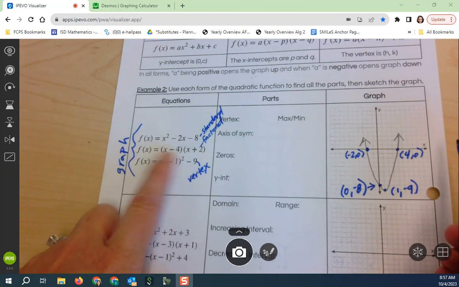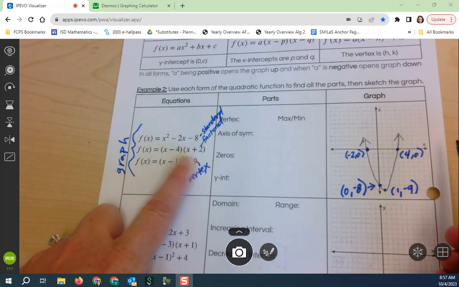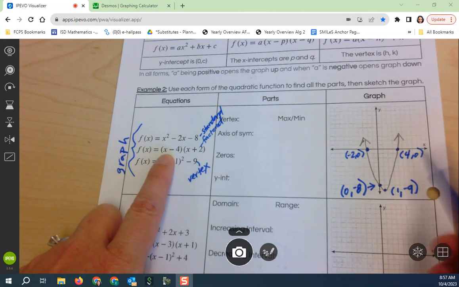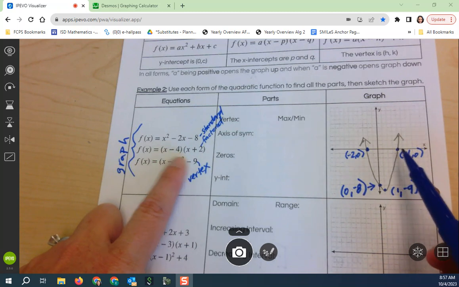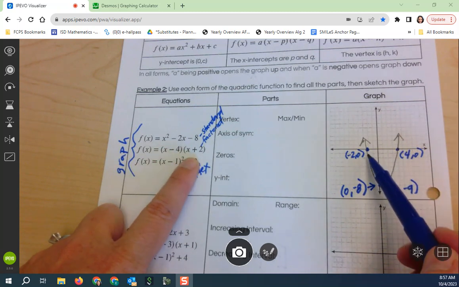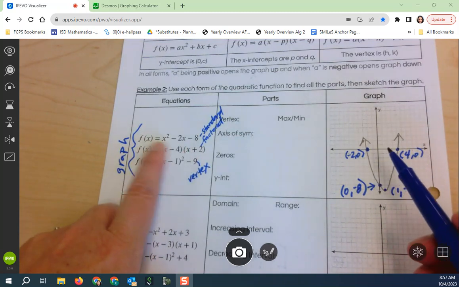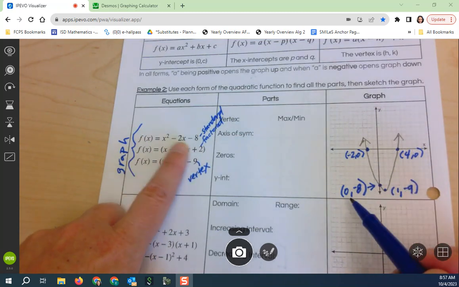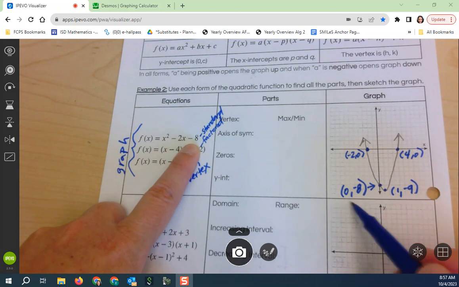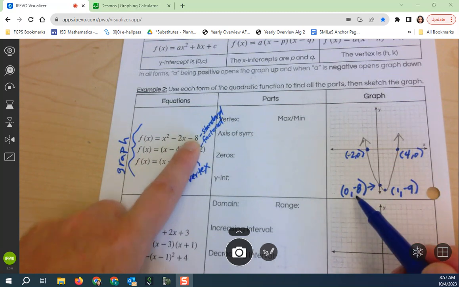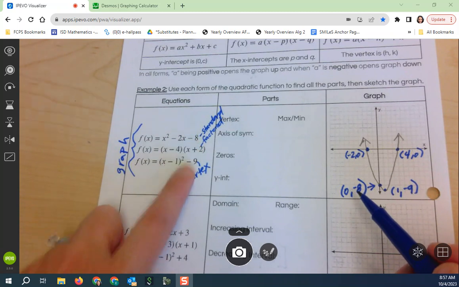If you are given factored form, remember that the solutions would be the opposites of these. So x minus 4 gives me a solution of 4, and x plus 2 gives me a solution of negative 2. It's the same as the x-intercepts. The standard form doesn't give you a lot, but it does give you this. The last term here, the negative 8, is your y-intercept. Okay? So each of these gives you some piece of information.